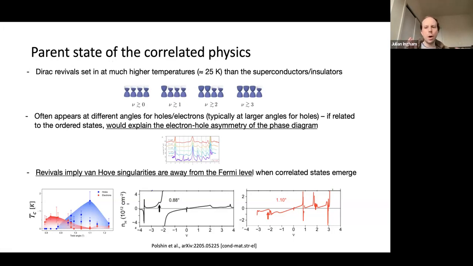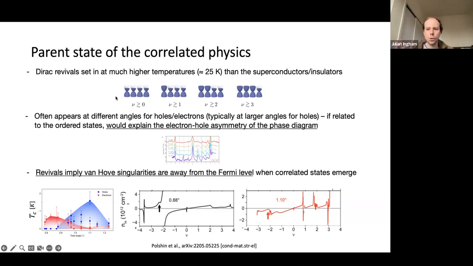And so this polarized state, where we have the Dirac theory but we've thrown away some of the flavors, should really be thought of as the high temperature parent state that we're working within by the time the superconducting instabilities appear. As I already commented, the revivals tend to occur at different angles for electron and hole doping.